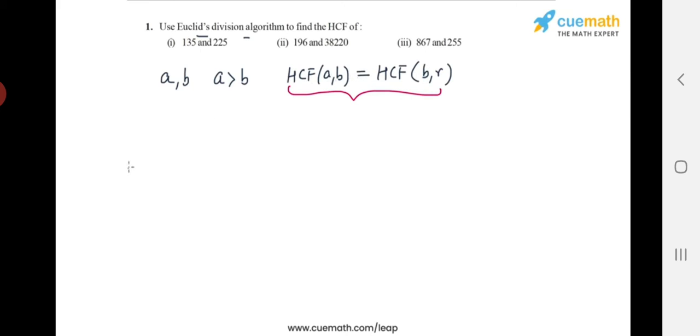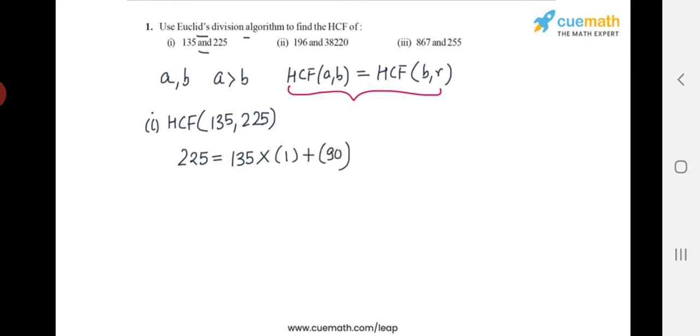Okay, now in the first part, we have to find the HCF of 135 and 225. So let's apply Euclid's division lemma to this pair of numbers. So what we'll get is 225 is 135 times 1 plus 90.